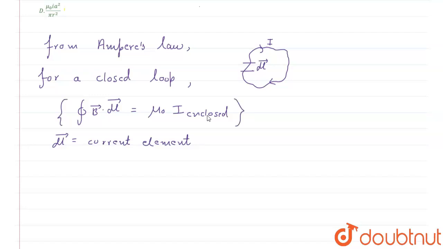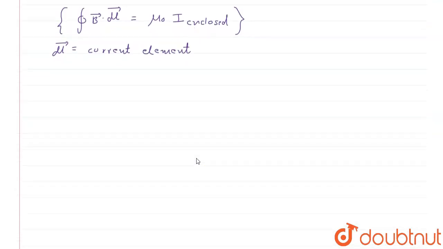For the given question, we have a conductor of radius A, and we will assume a loop of radius r where we need to calculate the magnetic field.